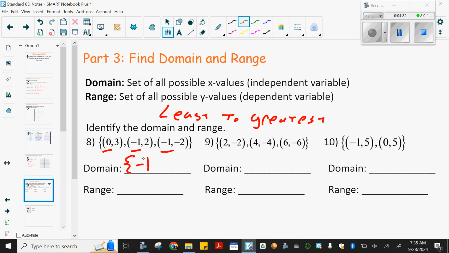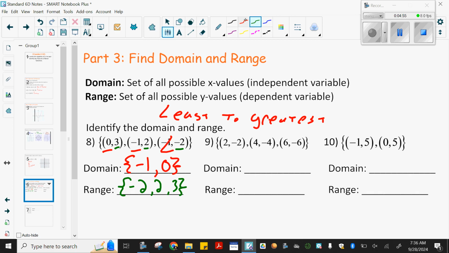We have -1 twice. You are not going to write it twice. You're going to write it one time. I'll write my 0, and end it with the bracket. Range is going to be the y values, 3 to -2, in brackets, least to greatest. I'm going to stop with that right there.